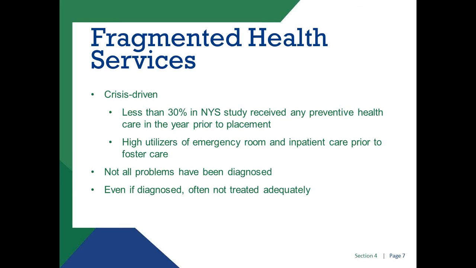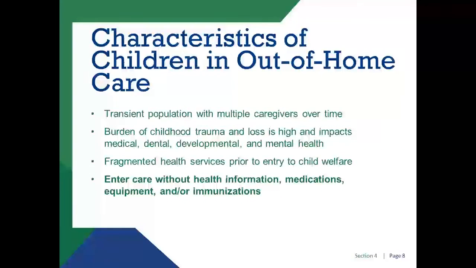So this fragmentation of health services persists beyond. And then, as Eva already mentioned, they often enter care without any health information, and sometimes without their medications or equipment such as glasses and hearing aids and asthma nebulizers and an immunization record.